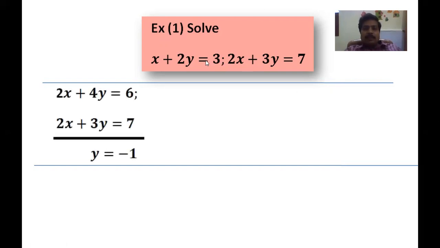This is my equation number 1 and this is my equation 2. Since it is 2x, I am multiplying the first equation by 2. Then I will get 2x plus 4y is equal to 6, and the second equation, subtracting this from the first equation multiplied by 2, I will get y is equal to 6 minus 7, that is minus 1.